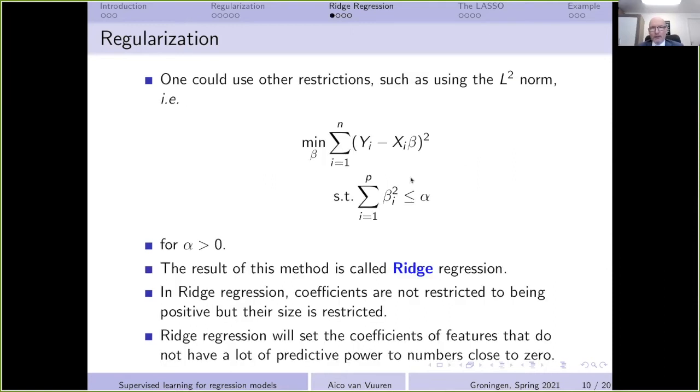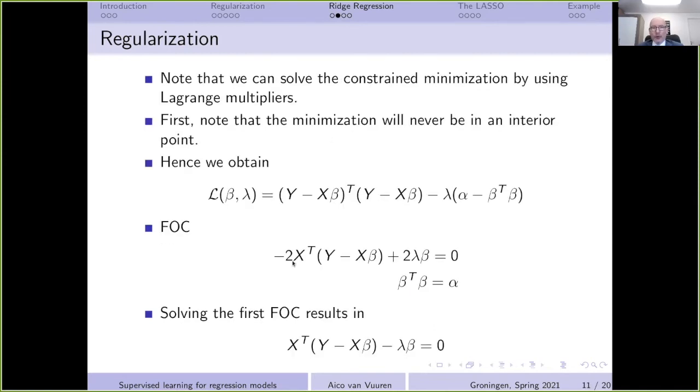So in total, I get 2 times lambda times beta. So therefore, in total, what I'm going to get are all these terms over here, and I have to set it equal to 0. So this is now going to be my first order condition. I can divide the left and the right hand side by minus 2 in order to get the next step that we have over here.